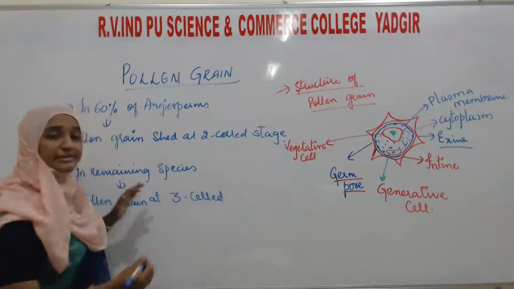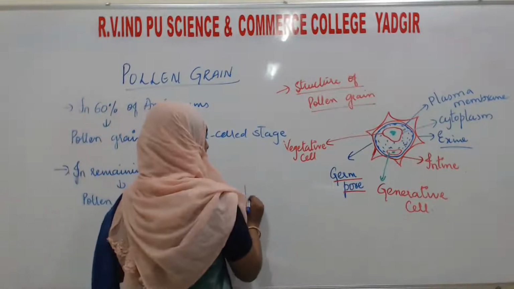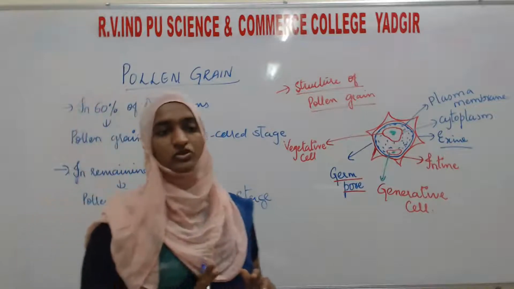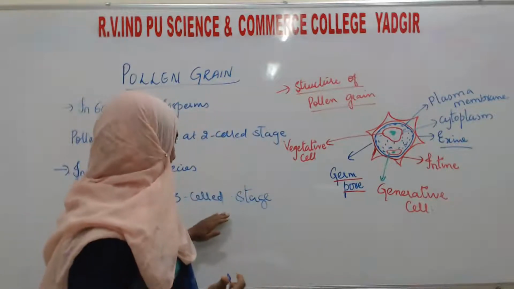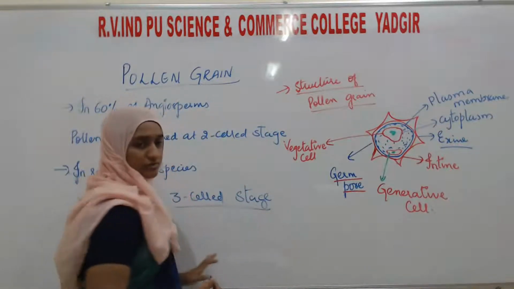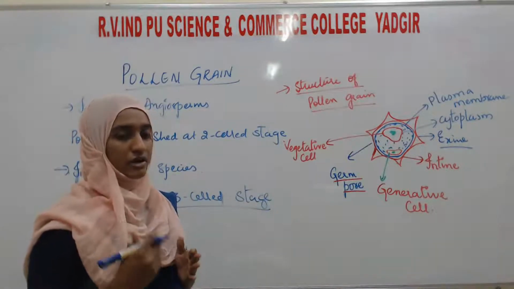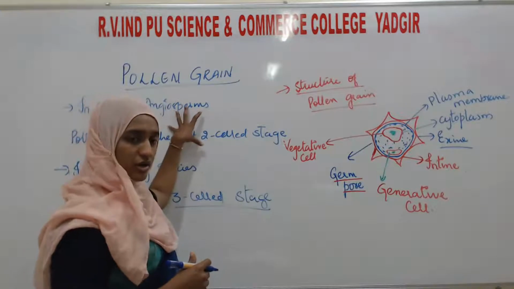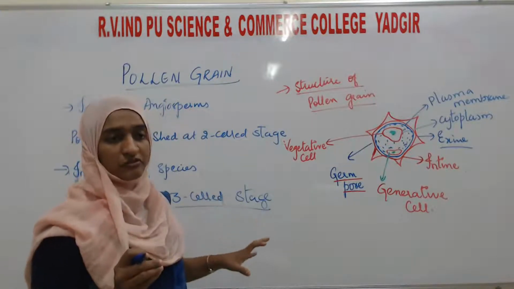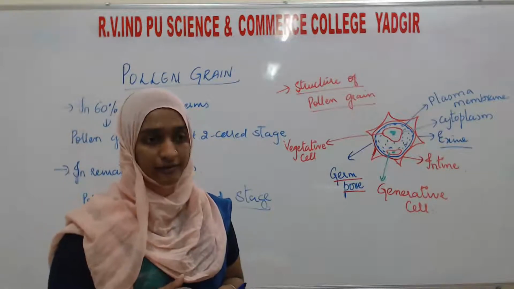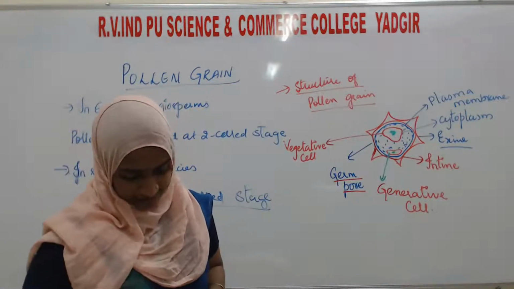How are the three cells going to form here? I had explained only about the two cells. You came to know only about the two cells. Then what about three-celled stage? Okay, in the remaining species, in 40% remaining after 60%, in some of these species, the pollen grains are going to shed at a three-celled stage.